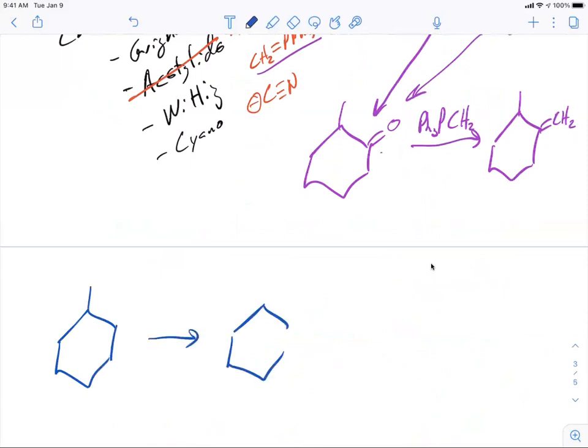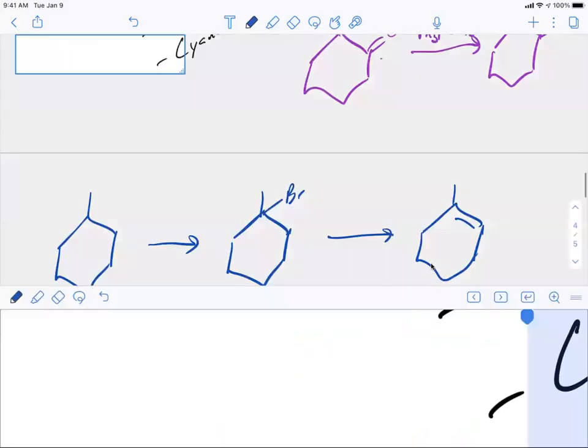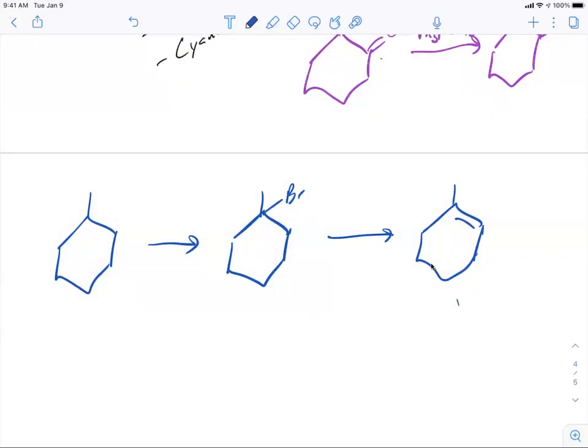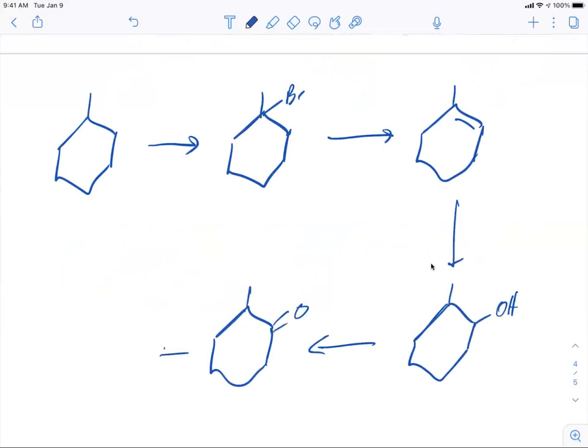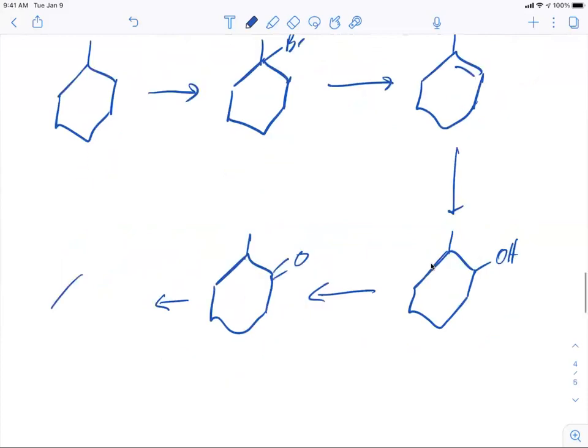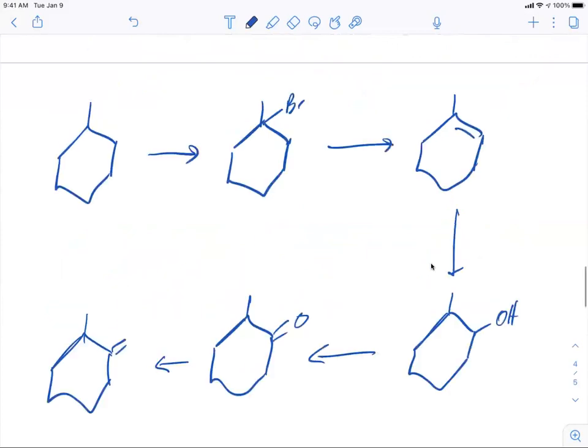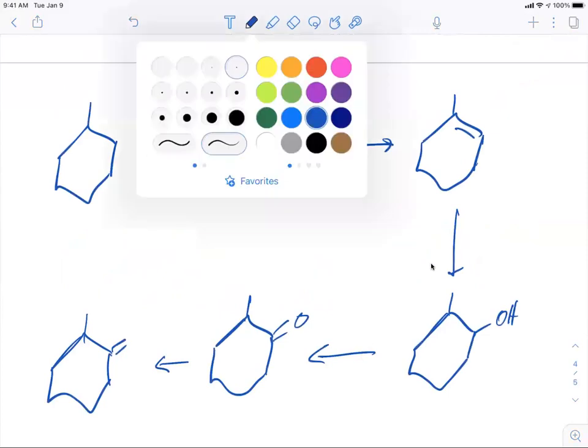So I'm going to take this to the halide, I'm going to take the halide to the alkene, take the alkene to the alcohol, take the alcohol to the ketone, and then I'm going to take the ketone to the product, right? Multiple steps. Then once you have this worked out, you come back and start worrying about your reagents.